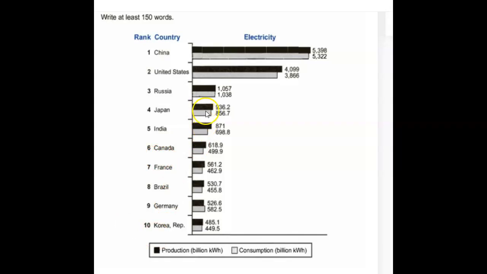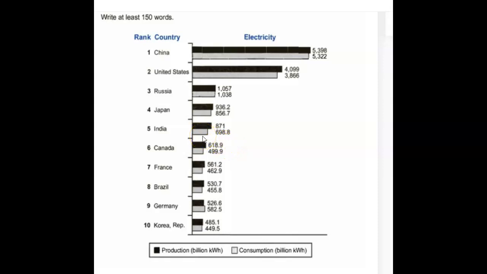You could say that Japan's production was just over 900 billion kWh, but its consumption was approximately 100 billion kWh less. India also had a similar proportion of production versus consumption, with production at this and then consumption at this. The next 4 countries were all below 700 billion kWh.